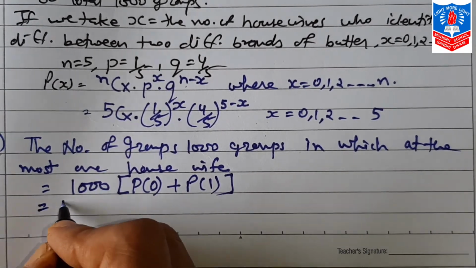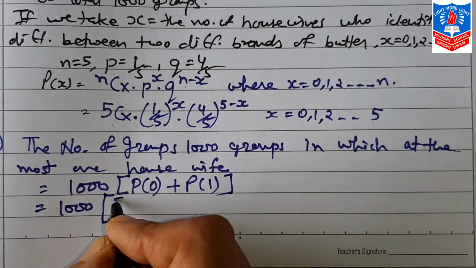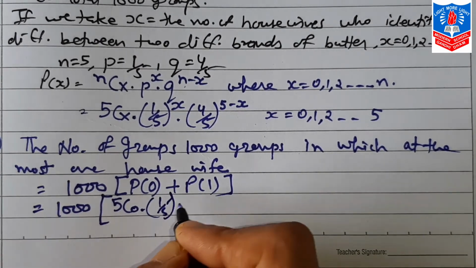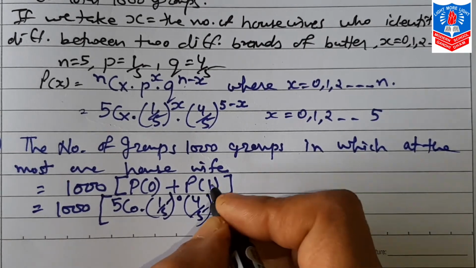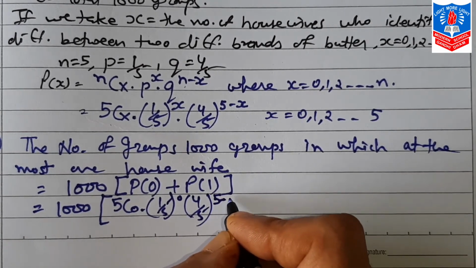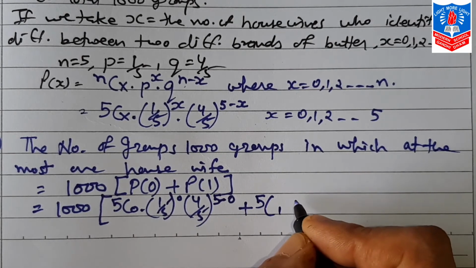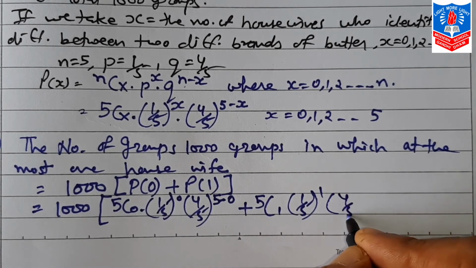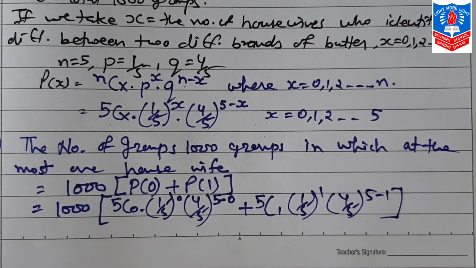Now this 1000 as it is, in the place of P0, this will be 5C0 into 1 by 5 raised to 0, 4 by 5 raised to 5 minus 0, plus 5C1, 1 by 5 raised to 1, 4 by 5 raised to 5 minus 1.